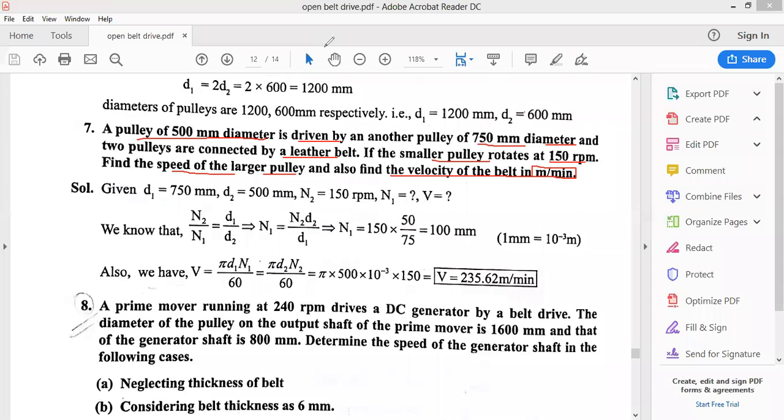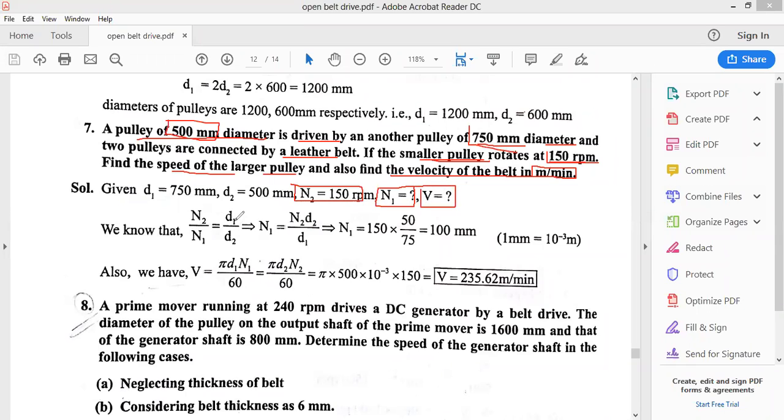So D1 is going to be 750 mm, and the driven end is going to be D2, 500 mm. The smaller pulley is usually the driven end. It has 150 rpm. We have to find the speed at the other end, N1, and also the velocity of the belt.